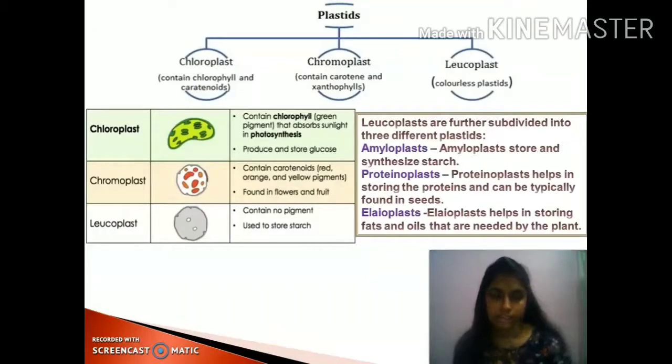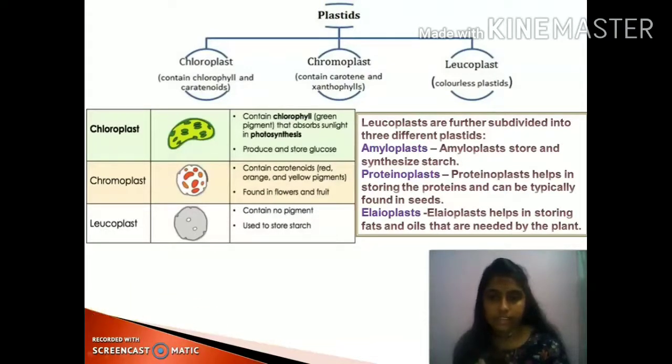Different types of plastids are actually found. The plastids are mainly divided into three types. The first one is chloroplast, then chromoplast, and ultimately the leucoplast. Let us have a look at what these are.